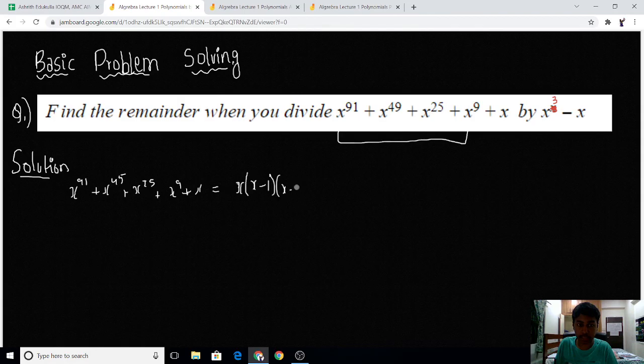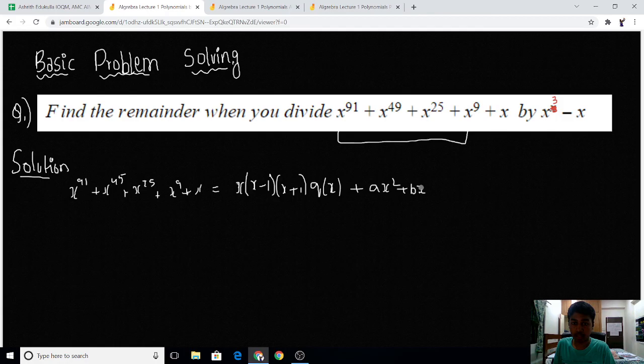You can take x common out of x cube minus x, you get x into x square minus 1, and x square minus 1 can be written as x minus 1 into x plus 1, into q of x plus ax square plus bx plus c.